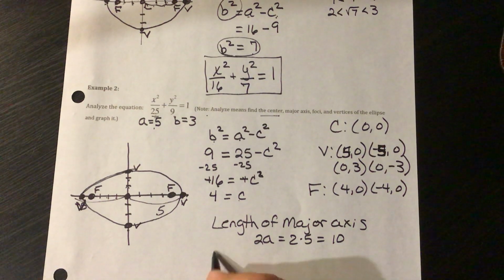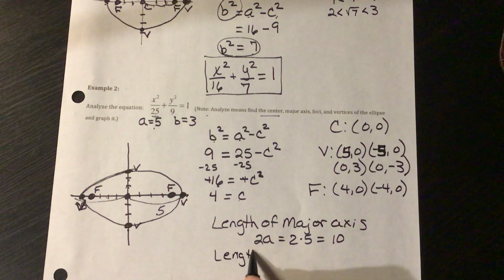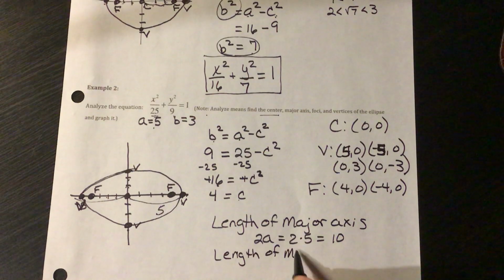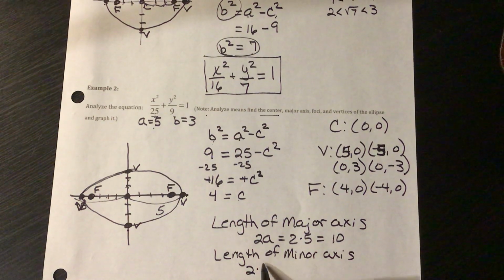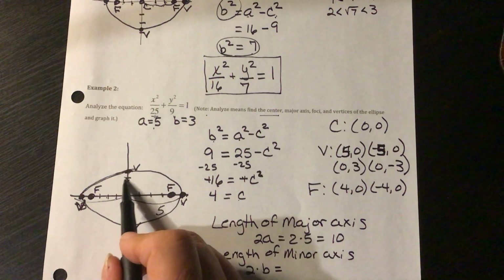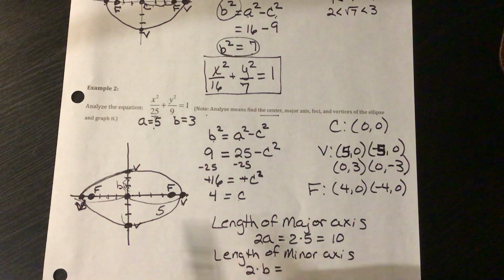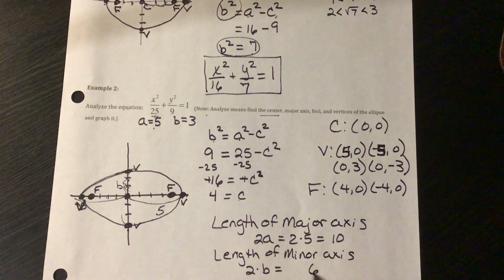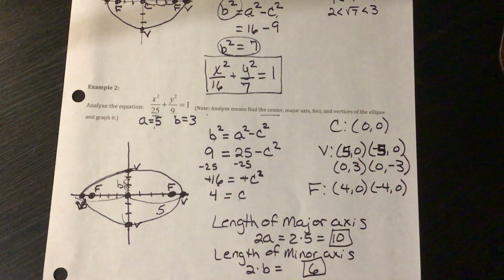Then we have the length of the minor axis, is 2 times the b value, and if I count here, this is my b value, so I have 3 plus 3 is 6. Okay, so those are actually the lengths of the axes.